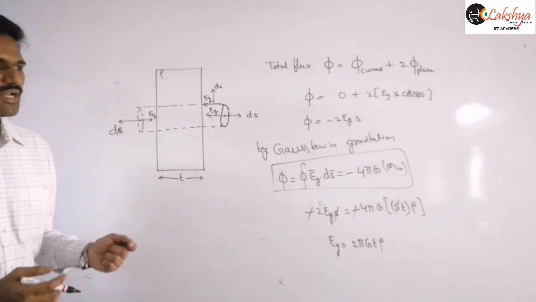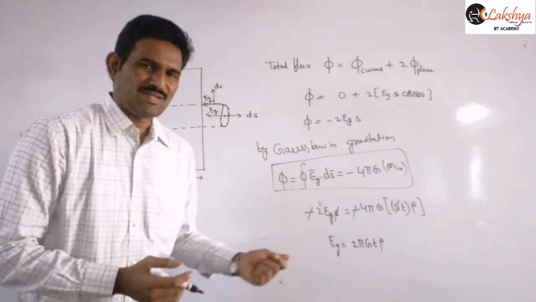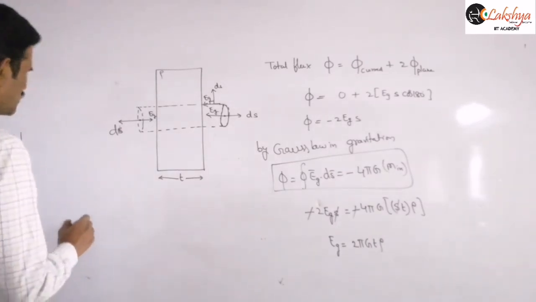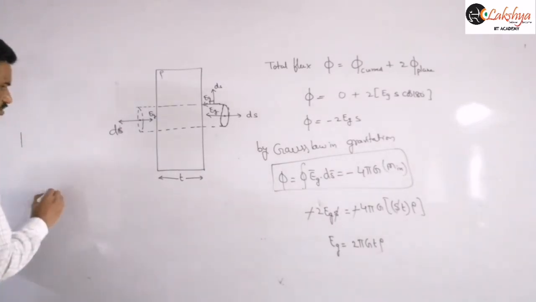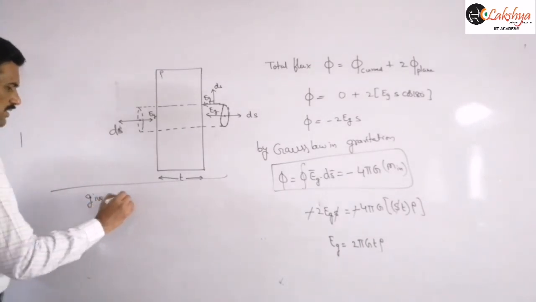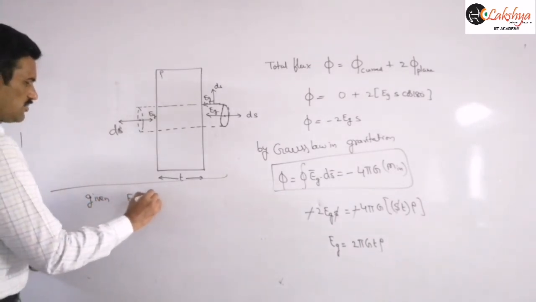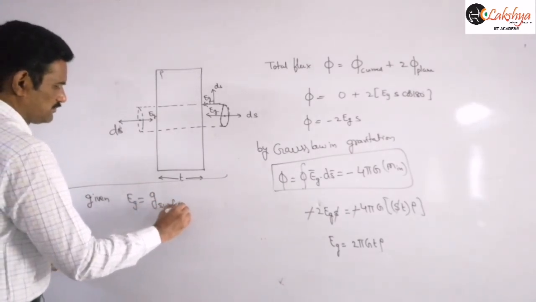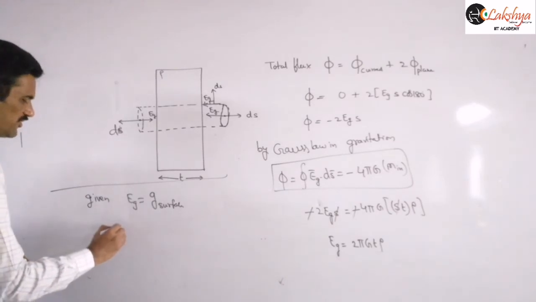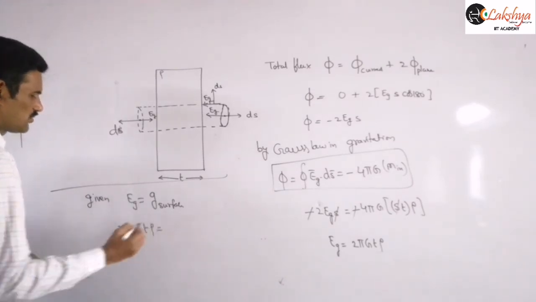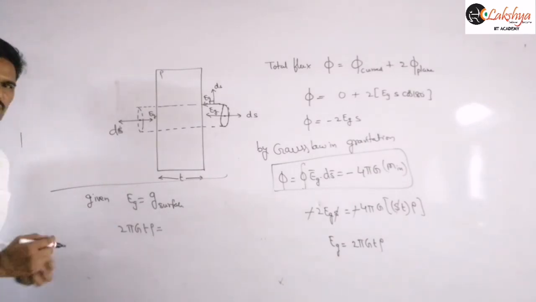So actually this gravitational field is nothing but our acceleration due to gravity, right? Then I will do the remaining calculation here. The given condition is that Eg is equal to g on the surface of earth. Therefore 2 pi G T rho is equal to g on the surface of earth.